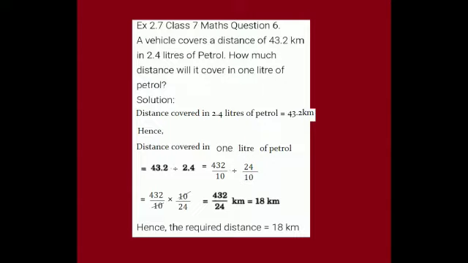So 432 by 10 into the reciprocal of 24 by 10 is 10 by 24. Now on cross cancellation 10 and 10 will get cancelled. So 432 by 24, which is equal to 18 kilometer. Therefore, the required distance is 18 kilometer.